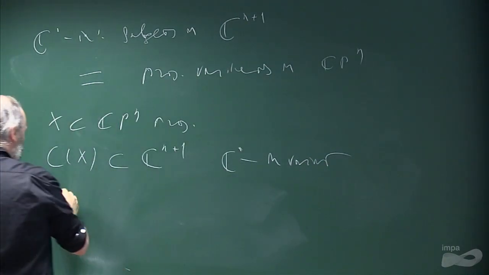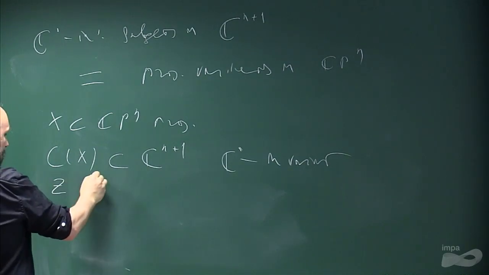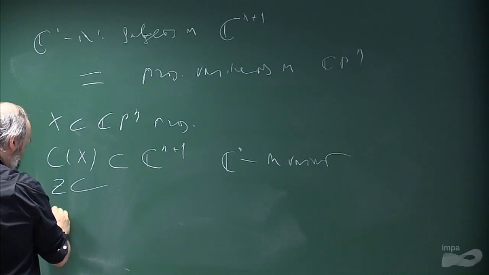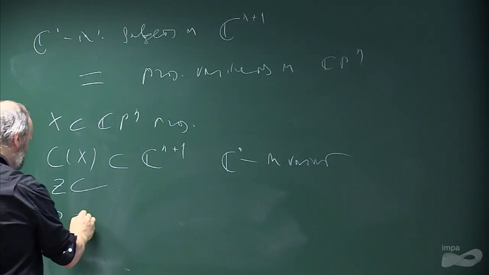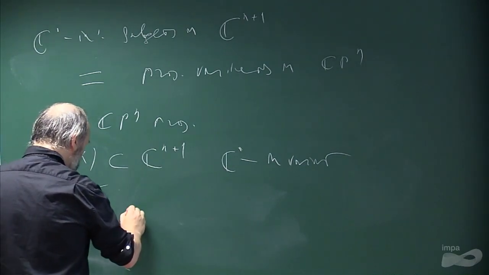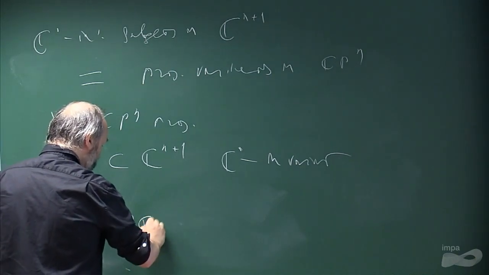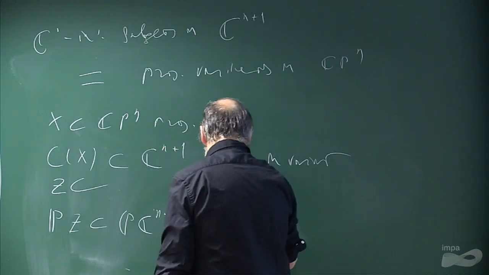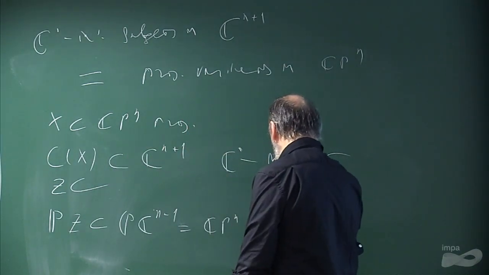And then if you have Z which is C star invariant, you can take the corresponding projective variety, called the projectivization. P of Z belongs to P of C^(n+1), which is CP^n.